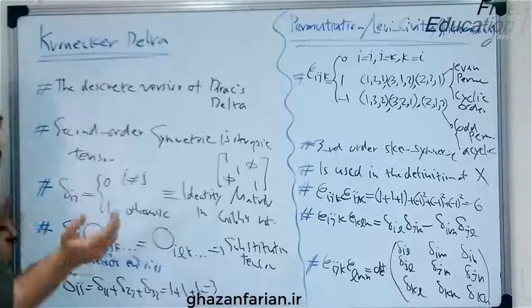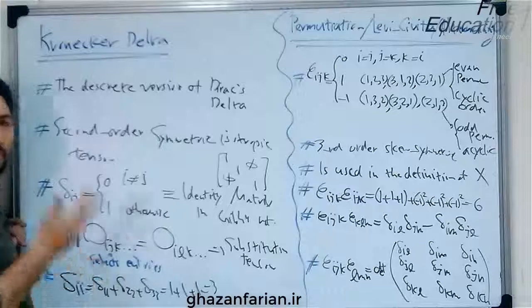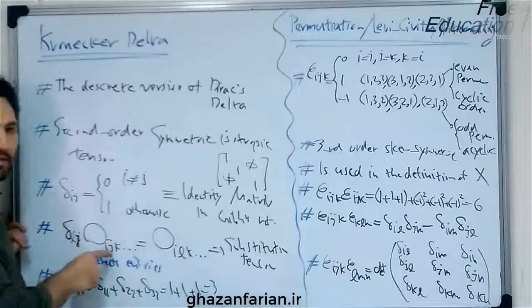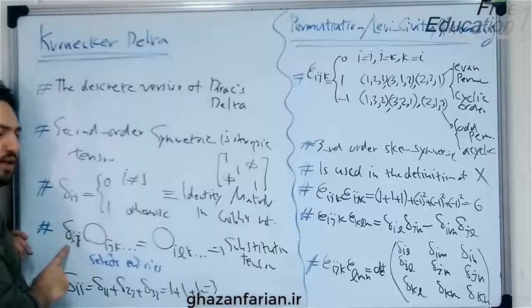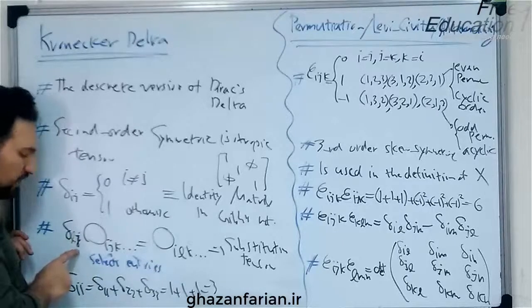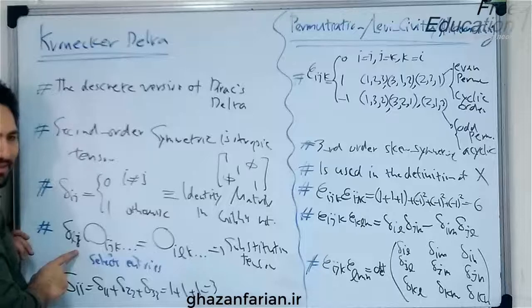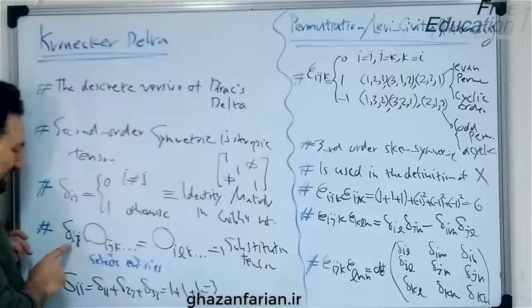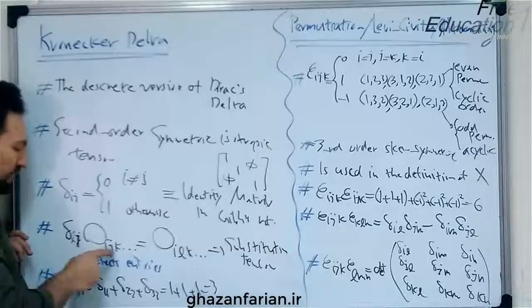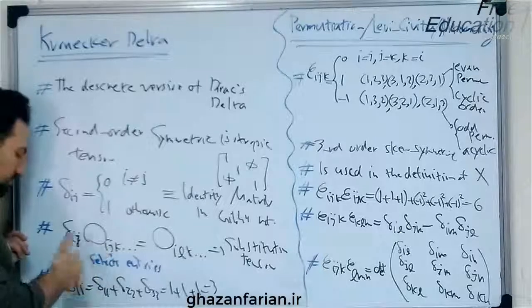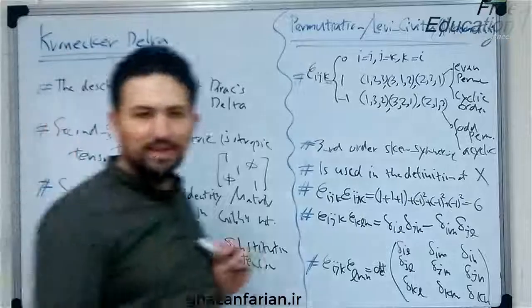So, as you see, the Kronecker delta selects entries. For example, you don't like j and you want to omit it and replace it with another index, for example l. So you multiply a Kronecker delta with this one, which is the hateful index, and l is the index you like. So this product eliminates j and replaces it with l.